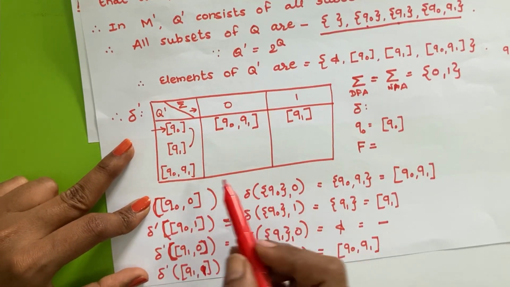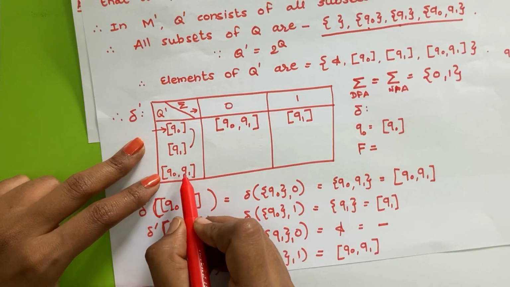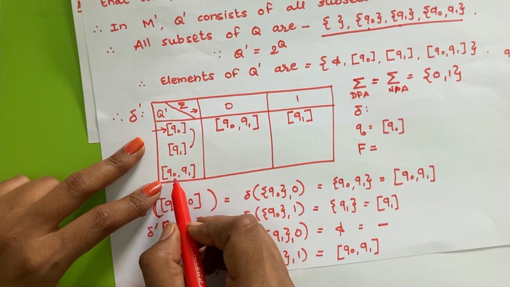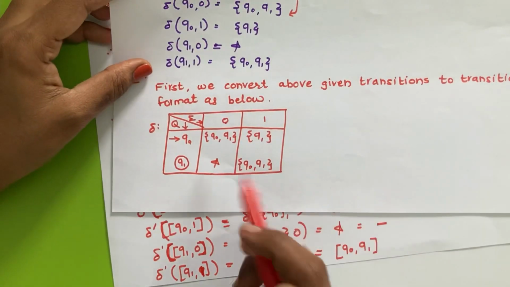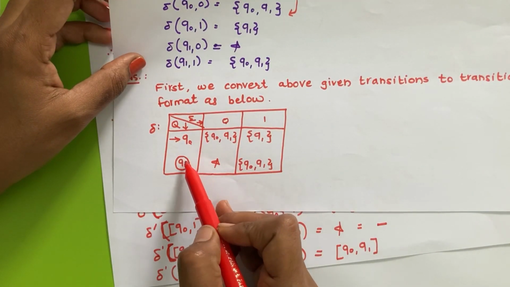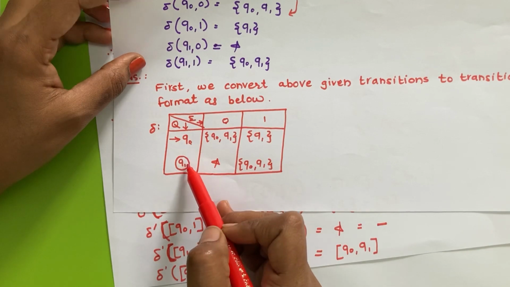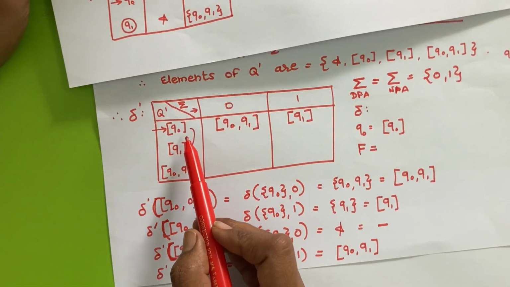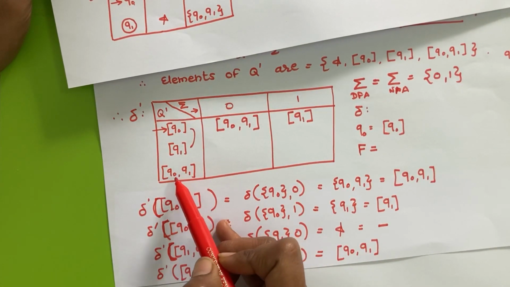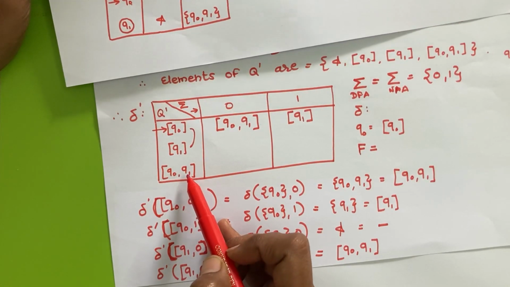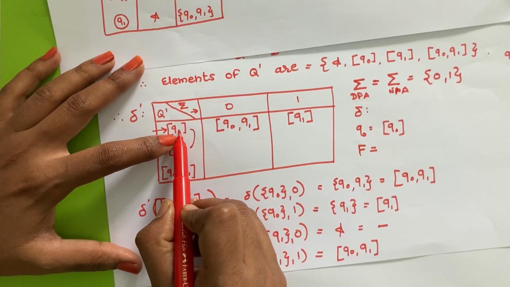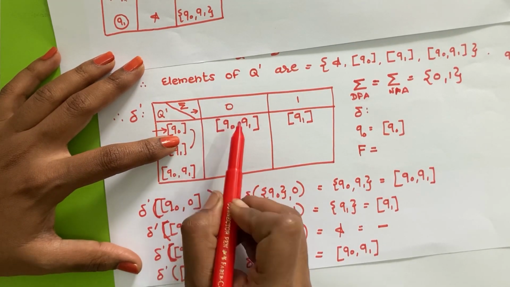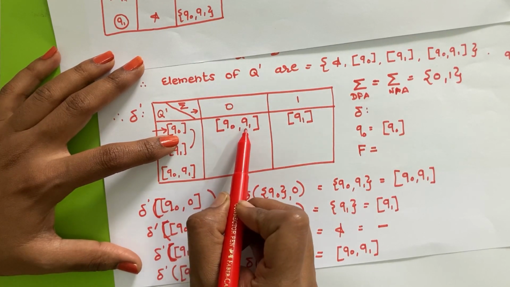Okay, so we have to find the transition for this state also. Because in the given NFA we have only two states, that is Q0 and Q1, but in the conversion we have found one new state, that is Q0 Q1, because we know that from Q0 on 0 we are going to state Q0 Q1.